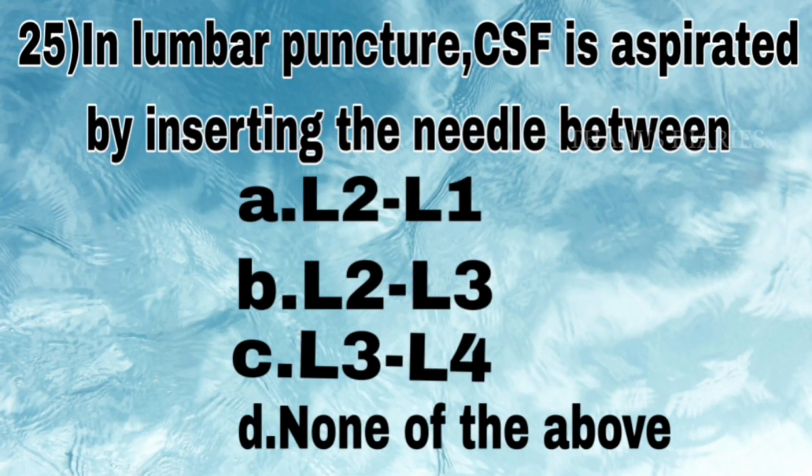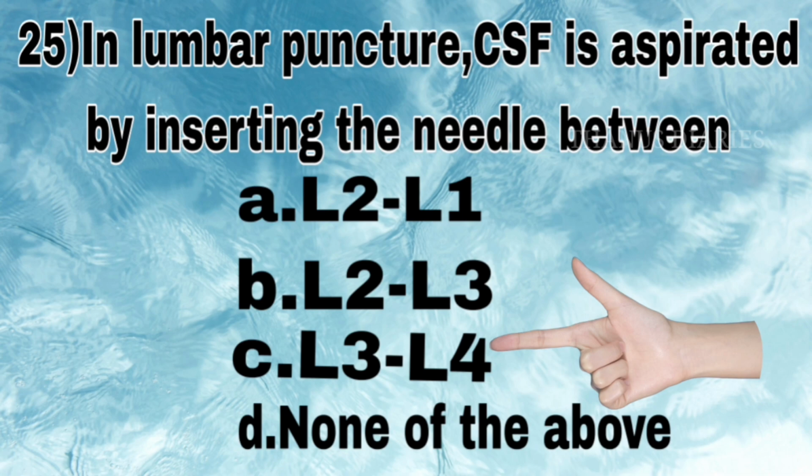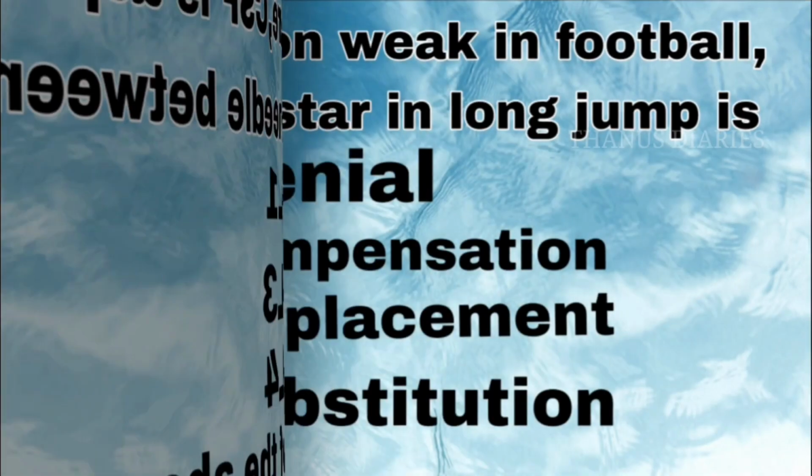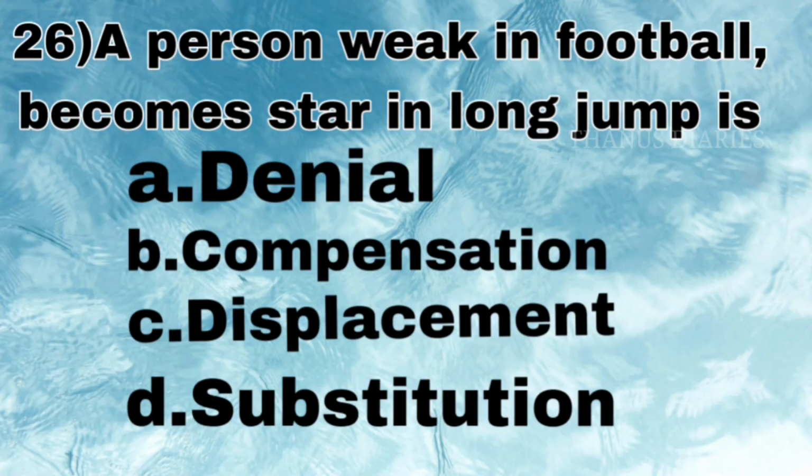In lumbar puncture, CSF is aspirated by inserting the needle between L2, L1, L2, L3, L3, L4, none of the above. Between lumbar vertebrae L3 and L4. Next question. A person weak in football becomes star in long jump is denial, compensation, displacement, substitution.